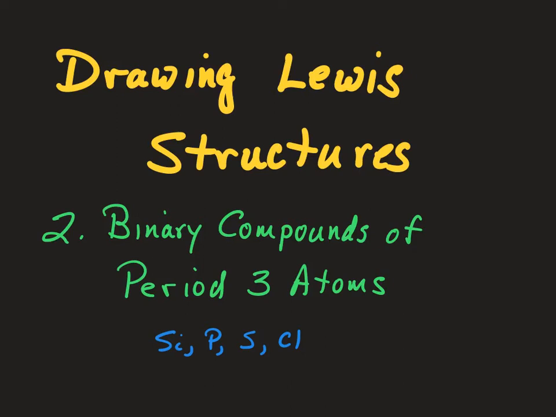In this video, we're going to talk about drawing Lewis structures, but we're going to focus on binary compounds where the central atom is one of our period 3 atoms. The nonmetals in period 3 are silicon, phosphorus, sulfur, and chlorine.